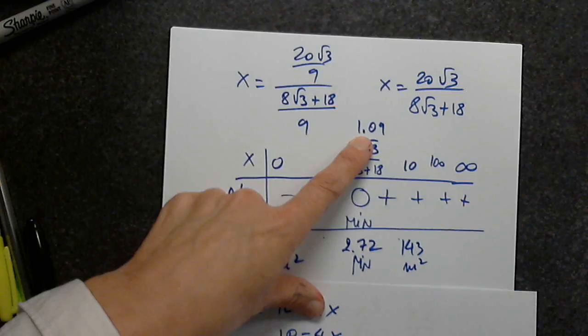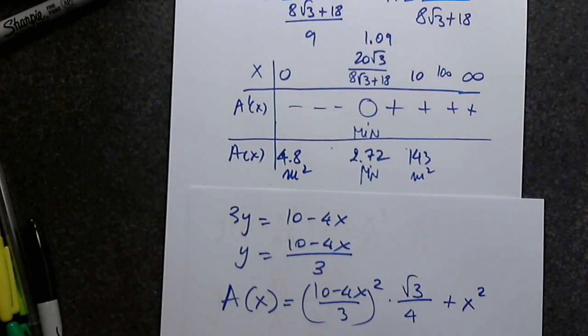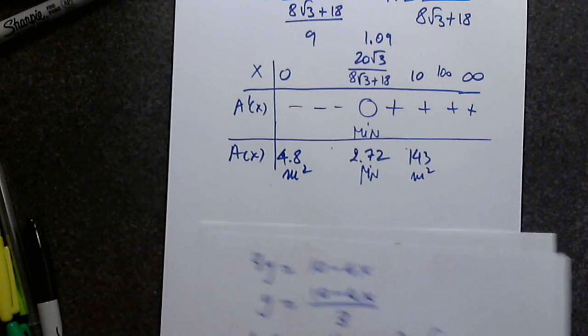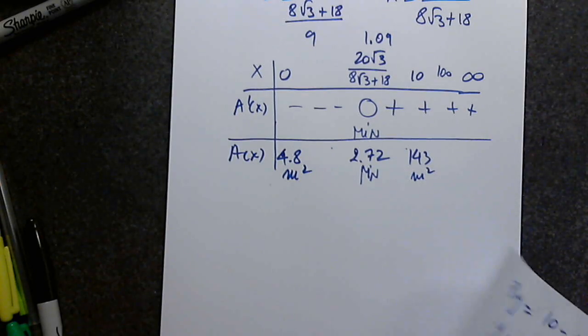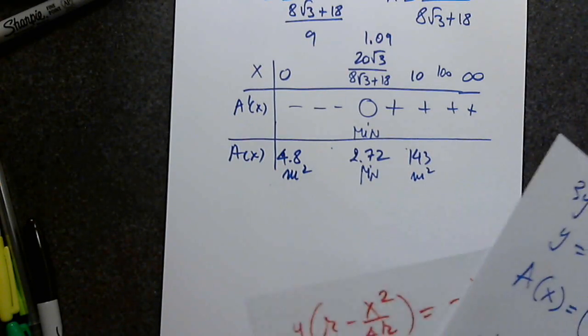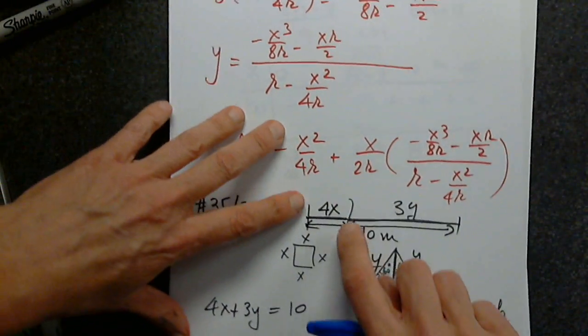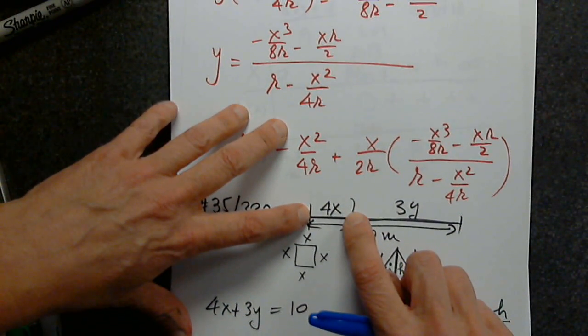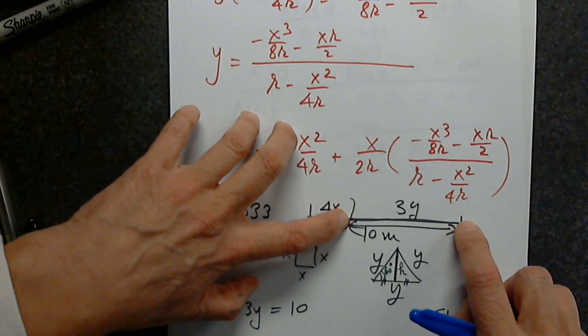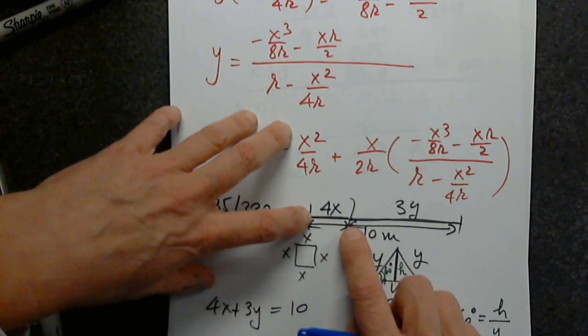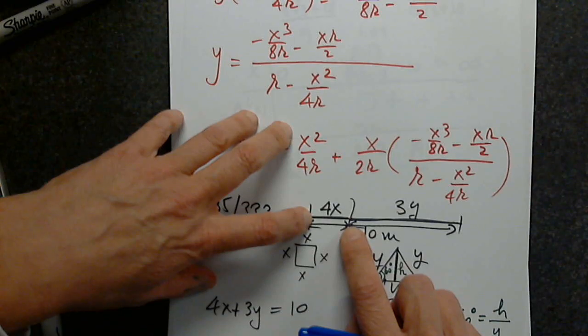How is that number possible? Yeah. 4 times 1.09. So where's my drawing? Okay. So this will be 4 times 1.09, and this will be the rest, 10 minus 4.36.